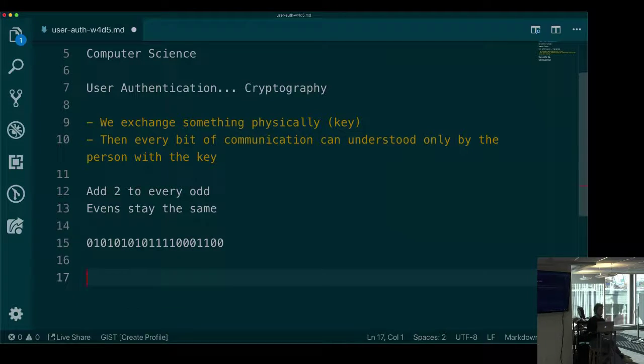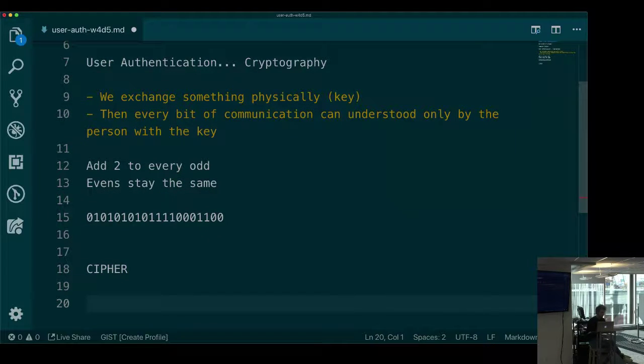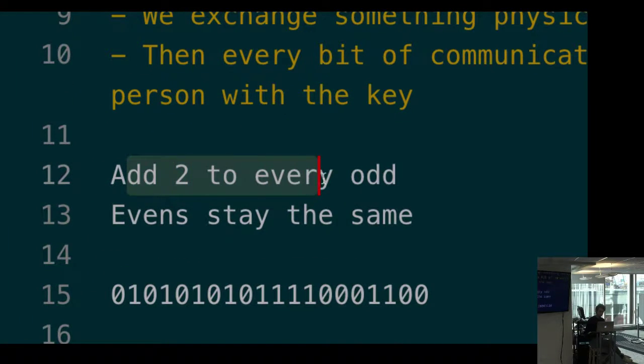So this kind of algorithm is something that I'm going to call a cipher. A cipher is a really simple kind of change to some input that can then be reversed. So this whole add 2 to every odd, evens stay the same.